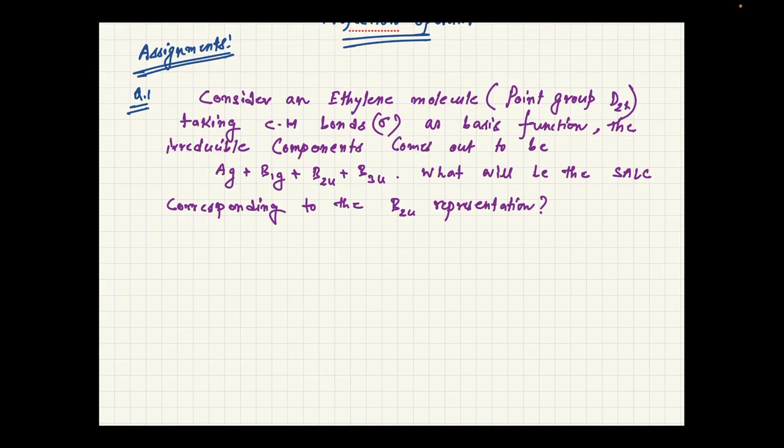So what is the procedure? First, the ethylene molecule, that means C double bond C, with H, H, H, H. This is the ethylene molecule and it is the D2H point group. First we have to write down the D2H character table, or the possible symmetry operations associated with the D2H point group.